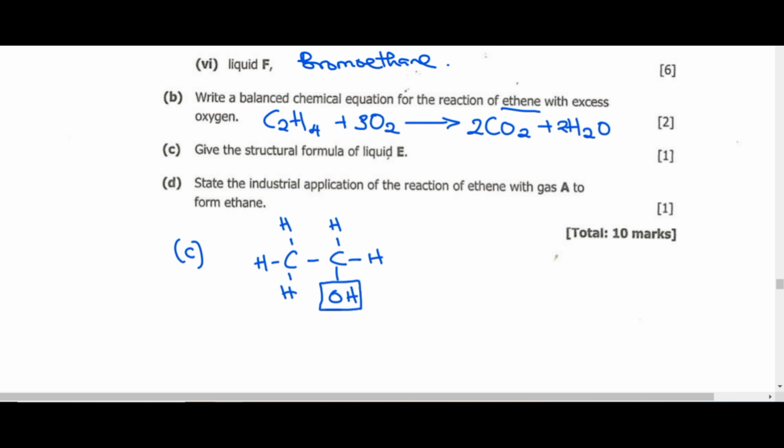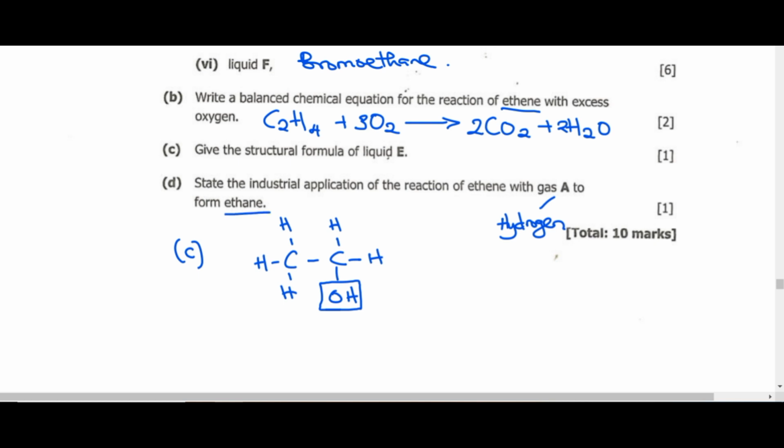And then state the industrial application of the reaction of ethene with gas A. So what is gas A? Gas A, we say that is hydrogen gas. So ethene reacts with hydrogen gas to form ethane.